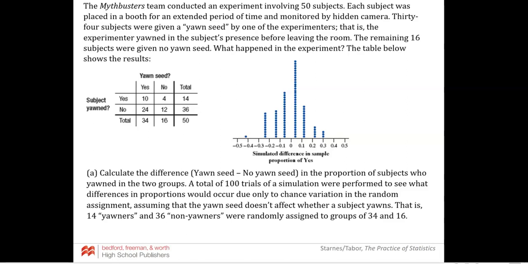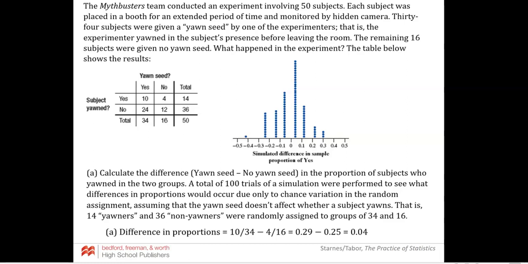So you want to calculate the difference in terms of percentages. You do 10 out of 34 and subtract 4 out of 16, and you get a difference there. That would be 29% minus 25%. There's a 4% difference in those two numbers.